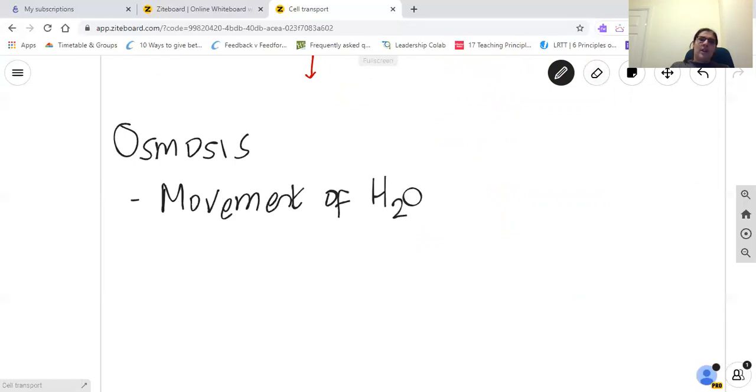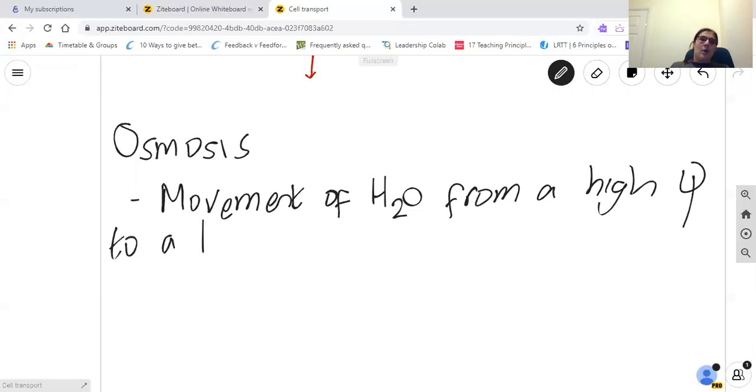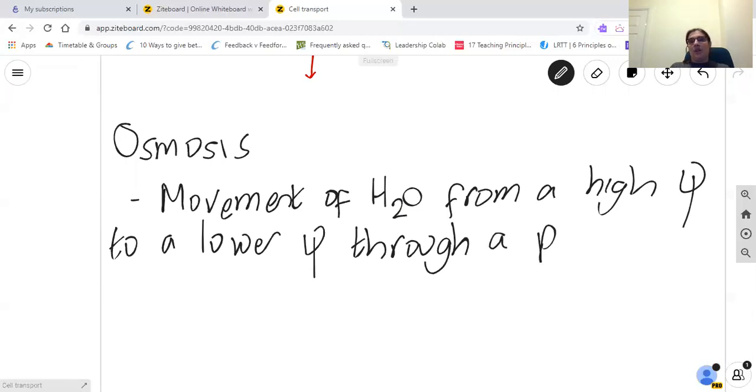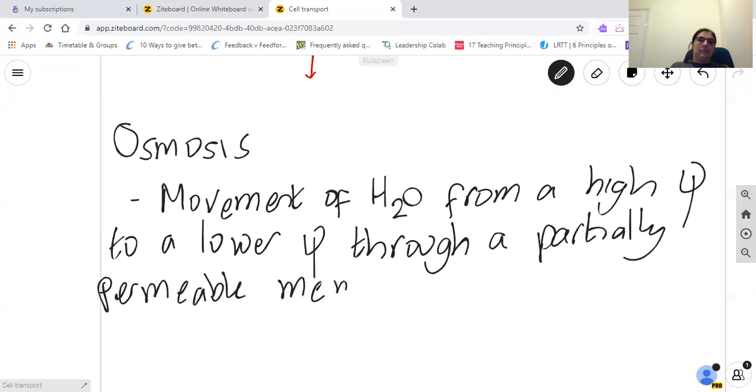And we describe it as going from what we call a high water potential, symbol for water potential, to a lower water potential through a partially or selectively permeable membrane until equilibrium.